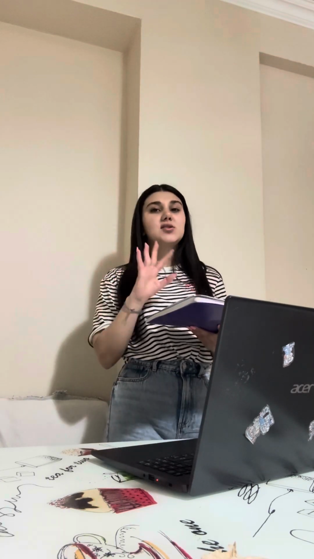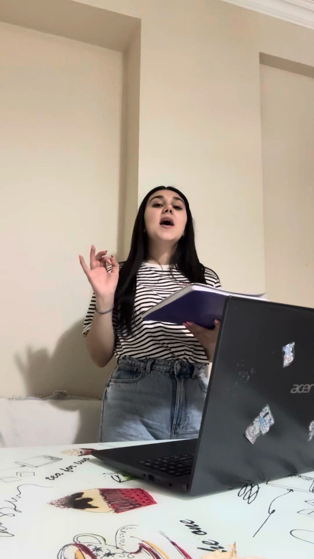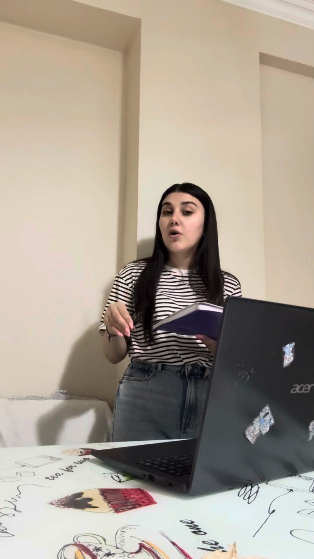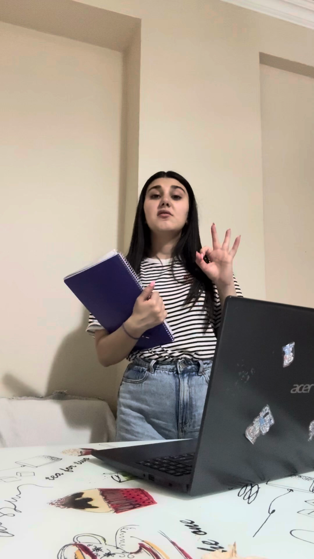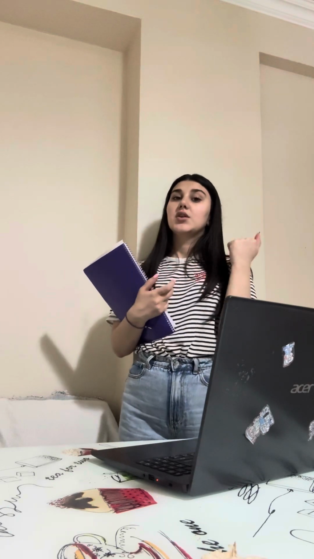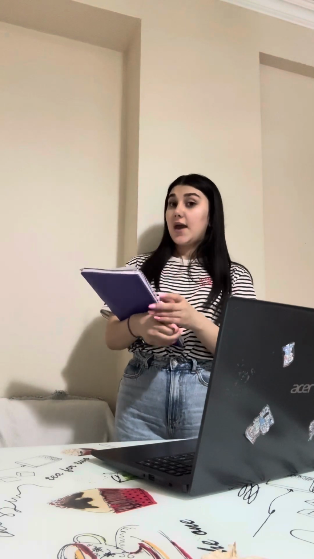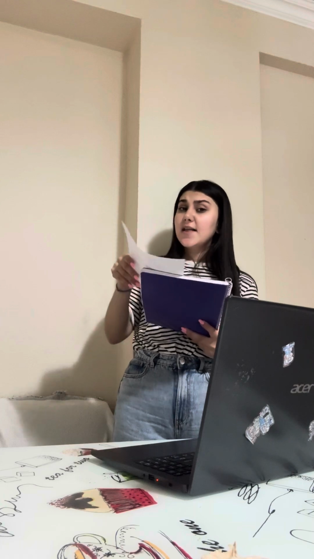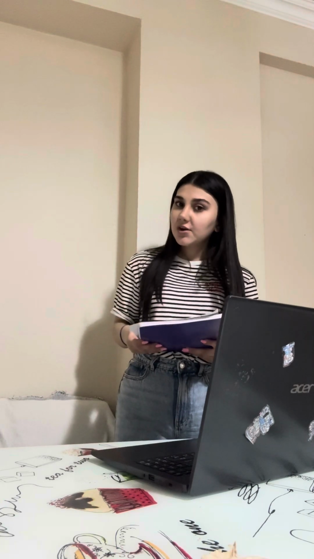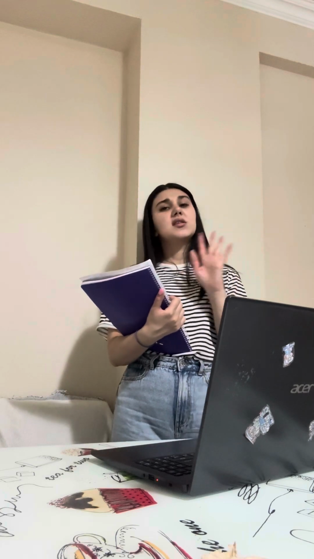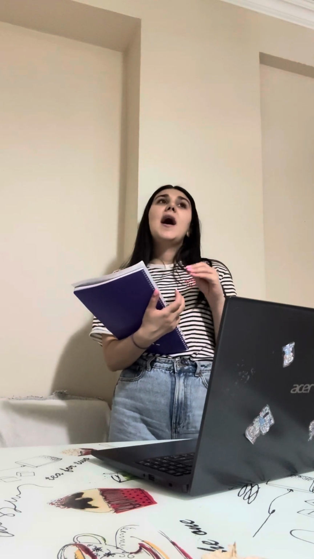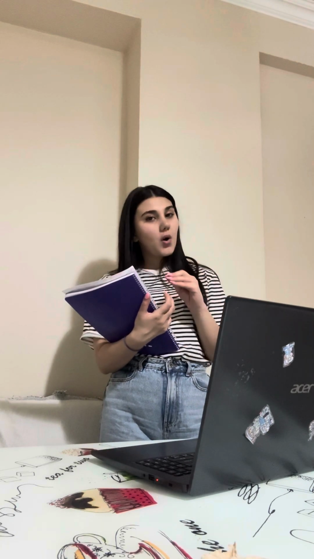So guys, let's generalize our topic. We are learning what? Degrees of adjectives. There are 3 degrees of adjectives. What are they? Positive degree, comparative degree, and the last one, superlative degree. The positive degree is just describing a noun, and it is also called the simple or base form.